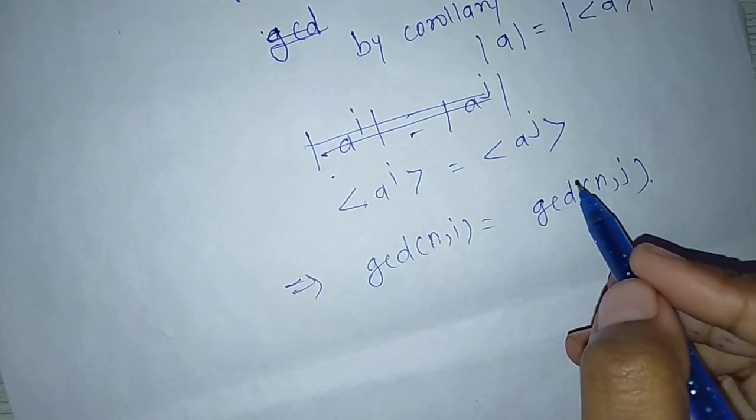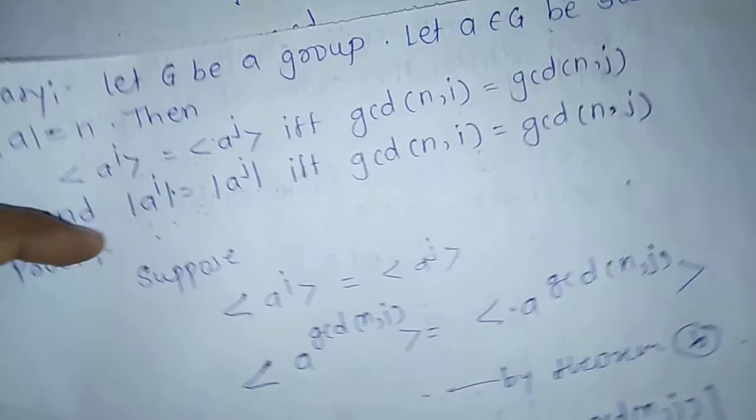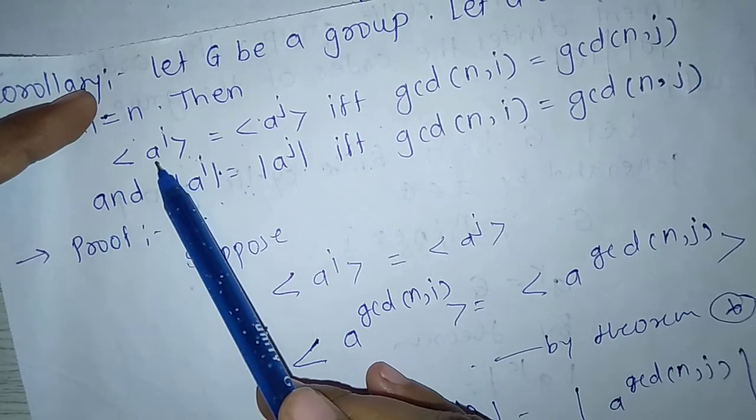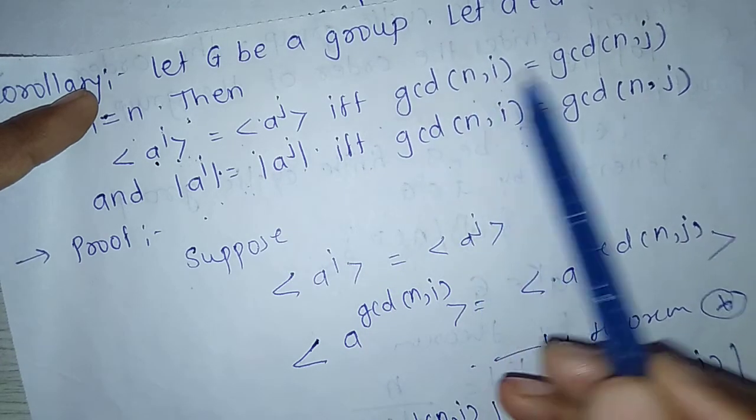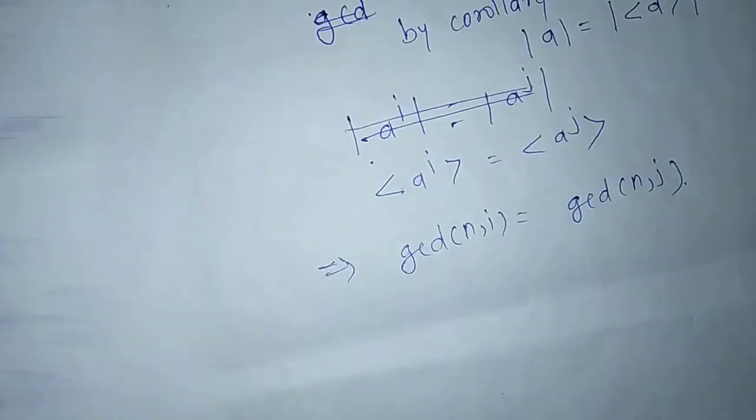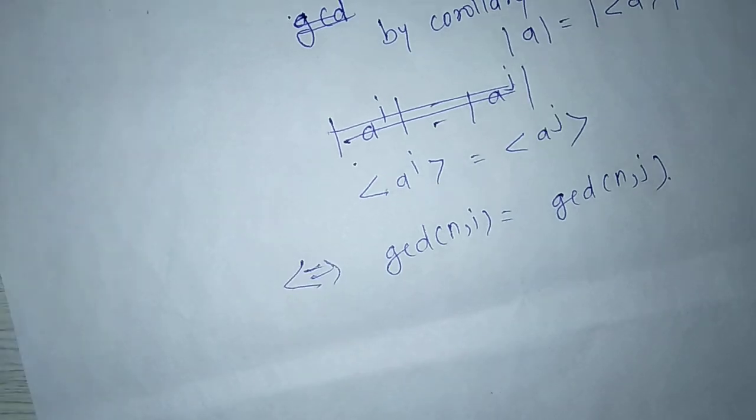The first part says that the set generated by a raised to i equals the set generated by a raised to j if and only if GCD of ni equals GCD of nj, so this statement is of the if and only if type.